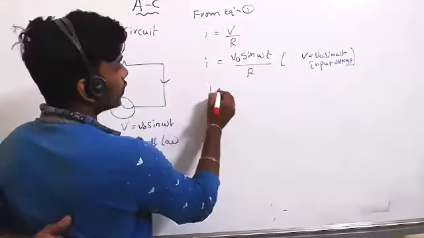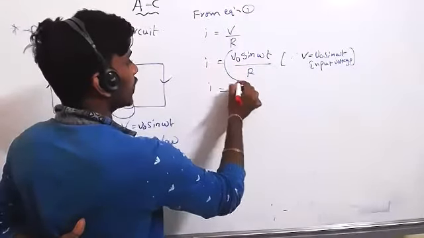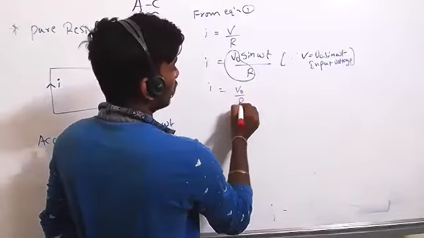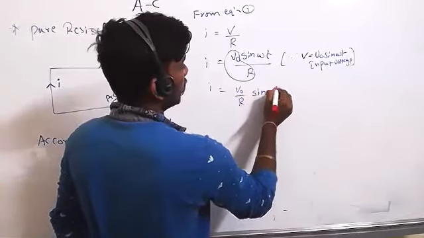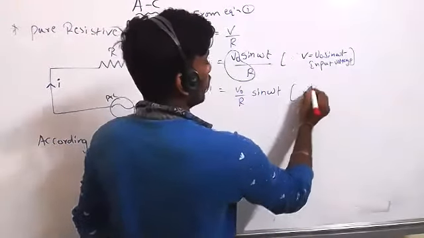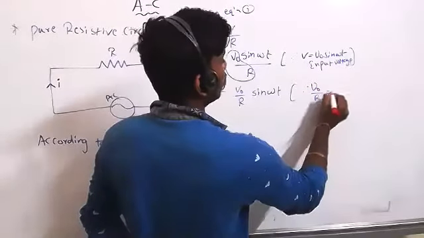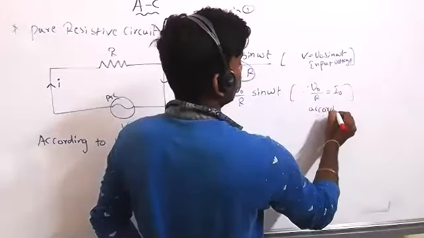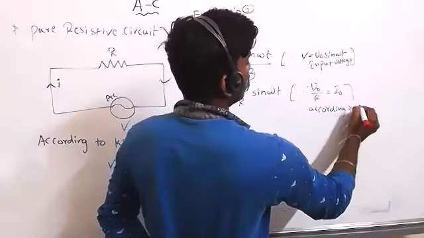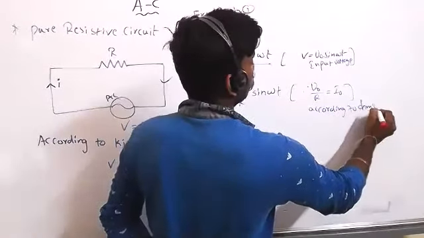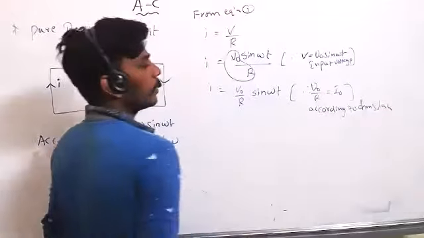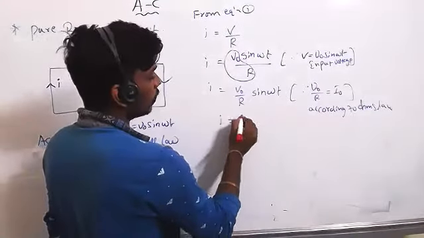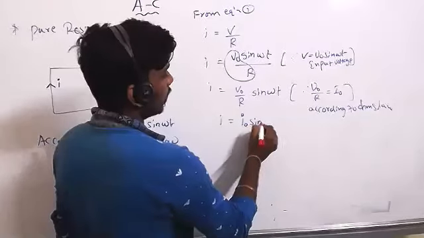Since V naught by R is equal to I naught according to Ohm's law, I is equal to I naught sine omega t.